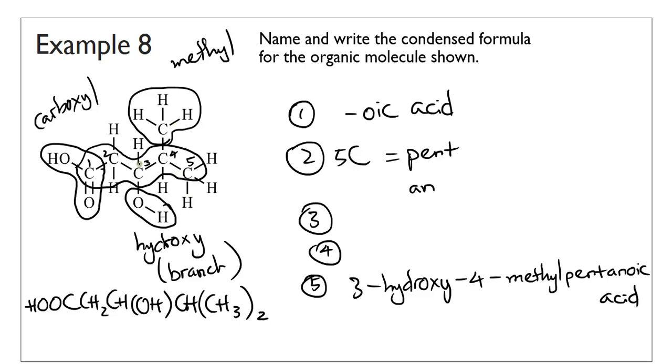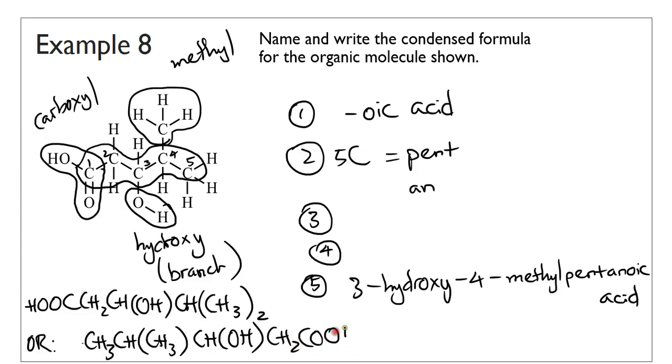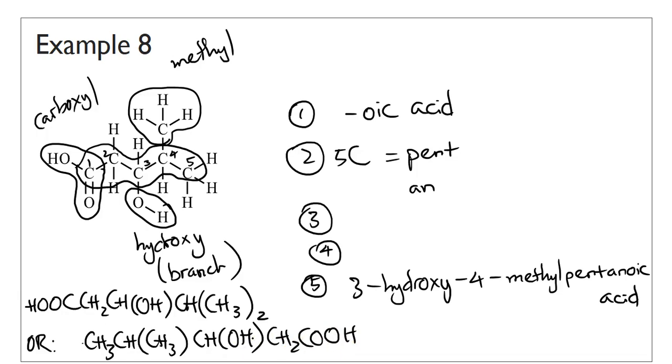Or you can start from this end, carbon 5, we go CH3, CH, CH3, CH, bracket OH. So put a bracket whenever you have a branch, CH2, COOH. So it's a little bit easier to see the COOH. Notice how you can see all of the functional groups if you look at the condensed formula.